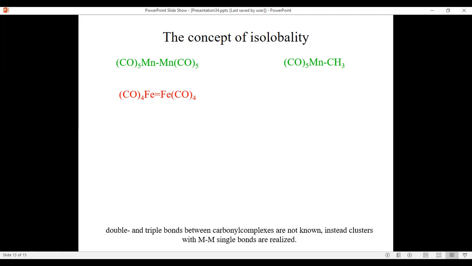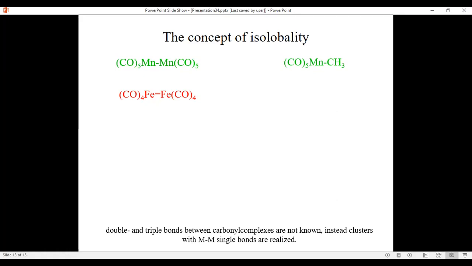We can use our electron counting method to determine this. We have the iron, which has 8 electrons, and then 4 carbonyls, which have 2 electrons each. So 4 times 2 gives 8, and 8 plus 8 gives 16. So this is a 16 valence electron fragment.